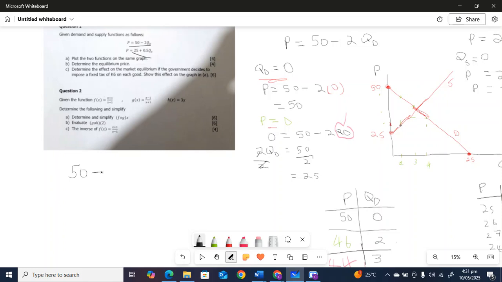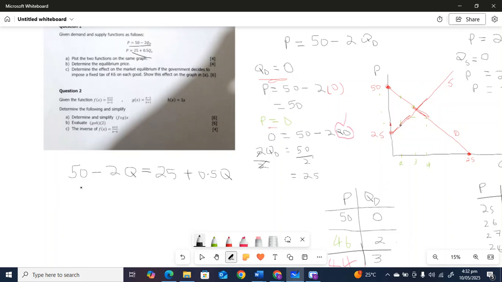Now, colleagues, remember at equilibrium, quantity demanded is also equal to quantity supplied. So here, when you equate them, just write it as Q here. So our supply function 25 plus 0.5 Q also here. I believe this is easy to solve.